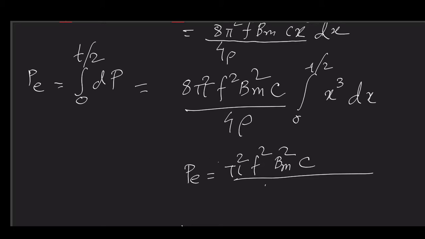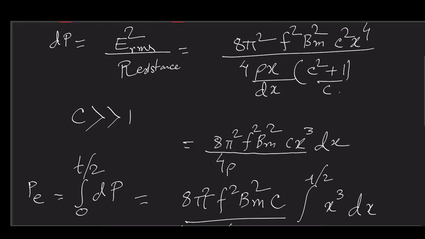Here it will be 8 rho, then here it will be t to the power 4. Unfortunately there is one c. I think I have made some mistake here.